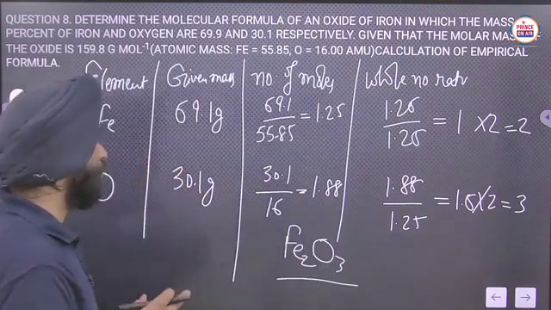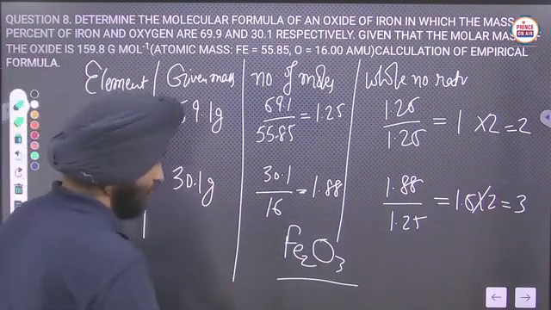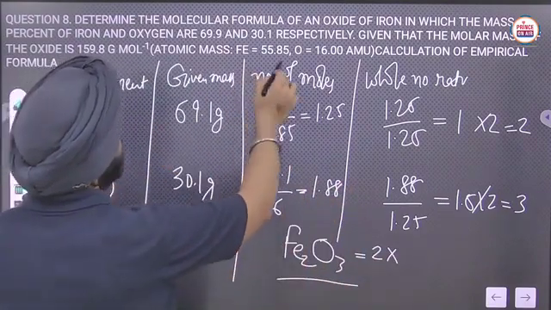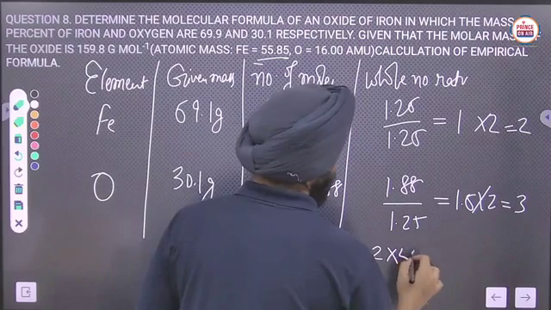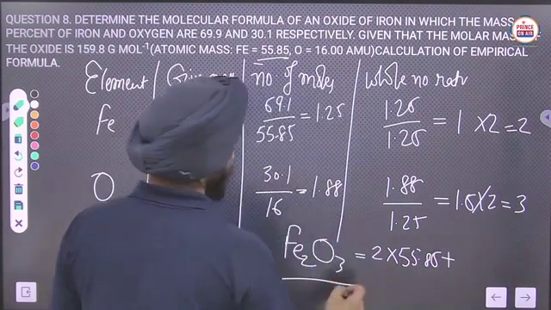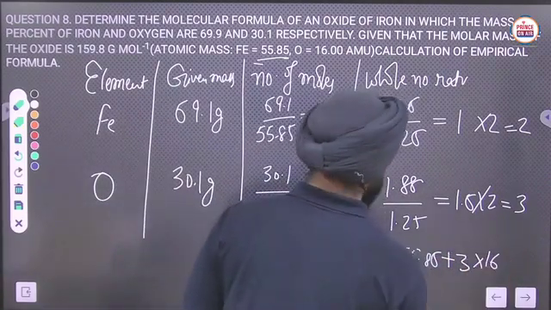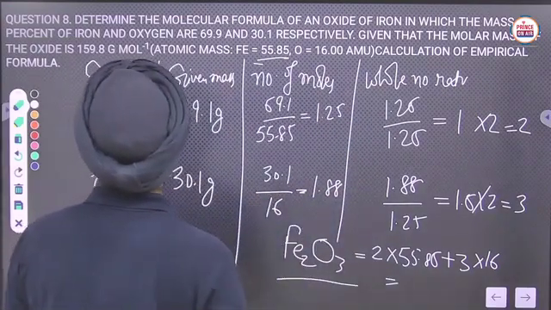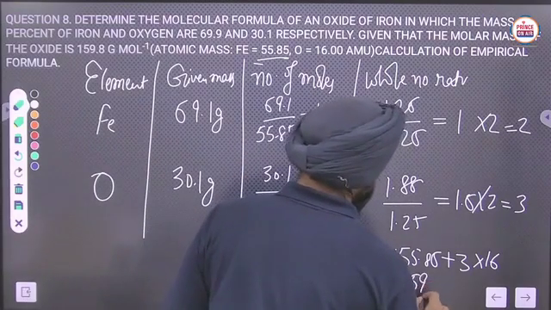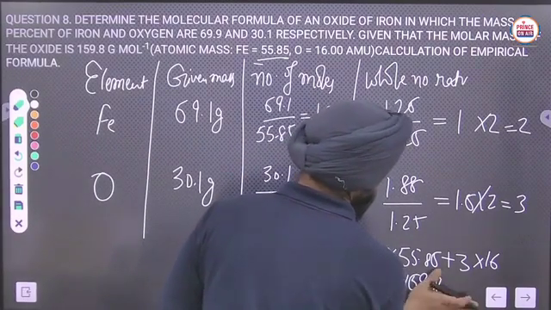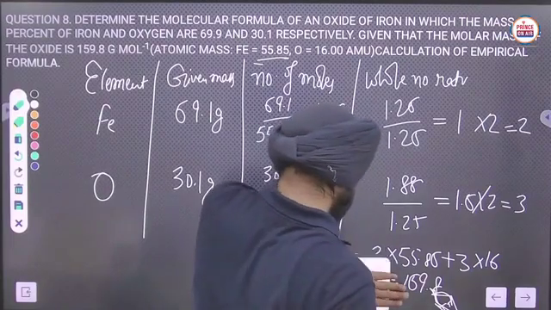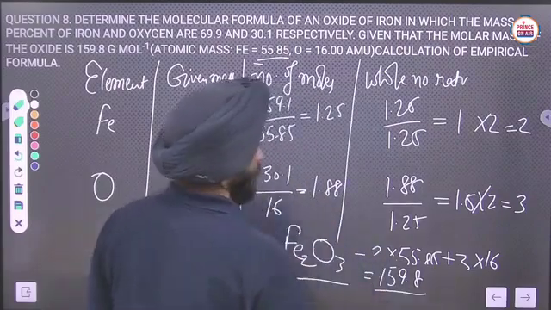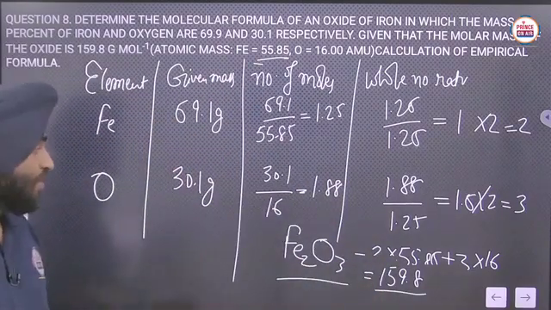Now you have to calculate the empirical formula mass: 2 into the atomic mass 55.85 plus 3 into 16. It comes out to be 159.8 gram per mole, which is equal to the molar mass.